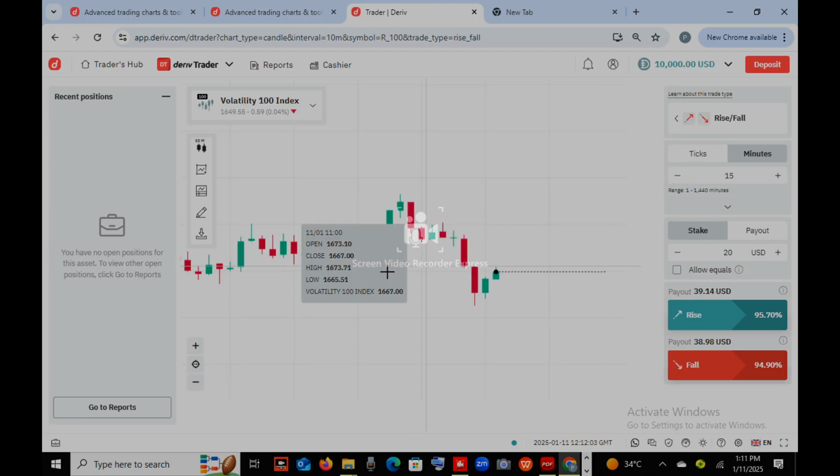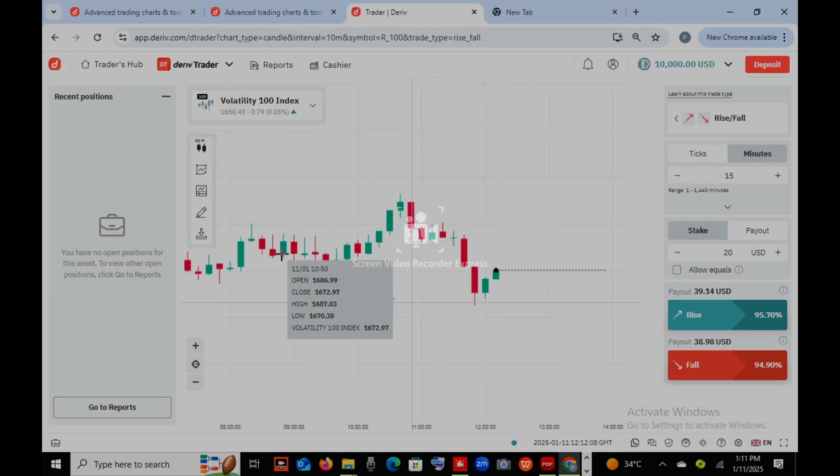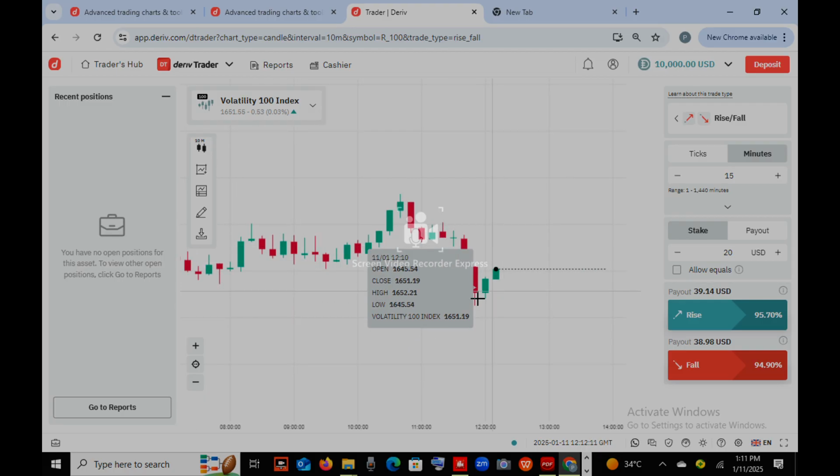and with this 100 index, you can see that we have an uptrend emerging. So here we've confirmed that our 15 minutes time frame, we've chosen $20. So now we can actually take a rise from this spot.